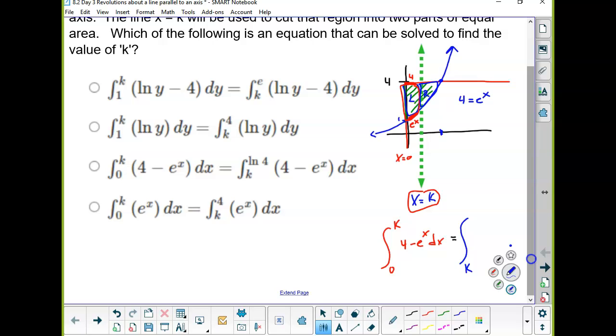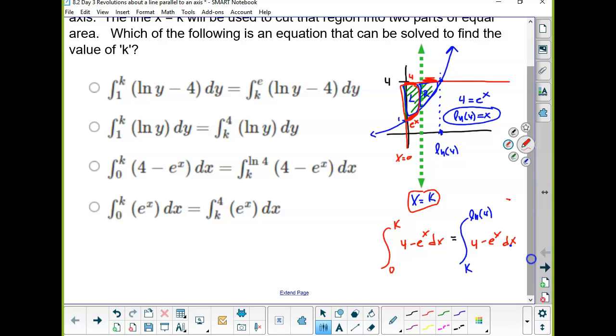So then you have to solve for that by taking the natural log of both sides, and that's where this line would be, at ln 4. And then what is its top function? Its top function is 4 minus the bottom function of e to the x, dx. And which option is that? Is it this one?